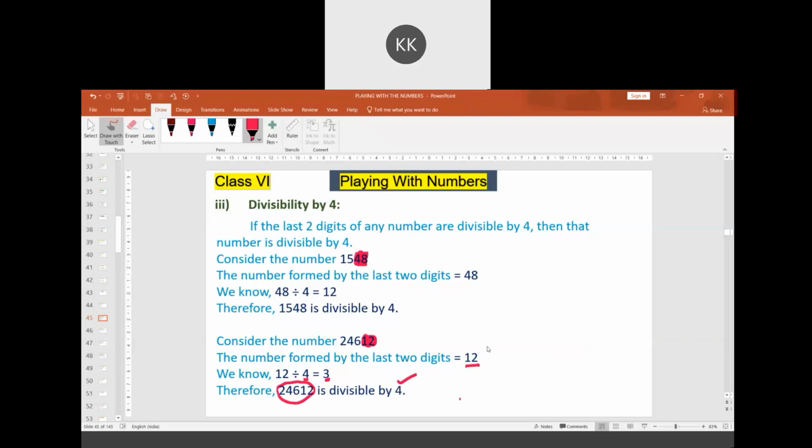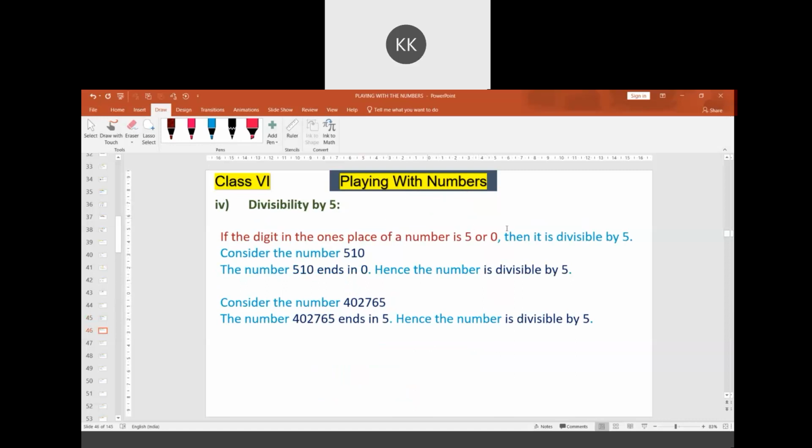If I give the number as 13457, is this number divisible by 4? Your answer must be no. The reason is the last two digits 57 are not divisible by 4. Therefore, the given number is not divisible by 4. It's very easy.